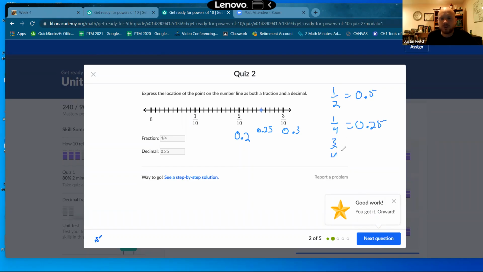Please also know 3/4, 0.75. Why don't we know 1/3, 0.3333, repeating. And how about 2/3? We should know that, 0.66666, repeating.